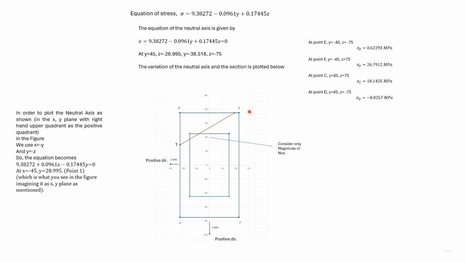At E, the stress is positive but nearly zero. At C, we have a fairly high positive stress. So, given the stresses at the 4 corners, we do expect the neutral axis to be somewhere in this position.